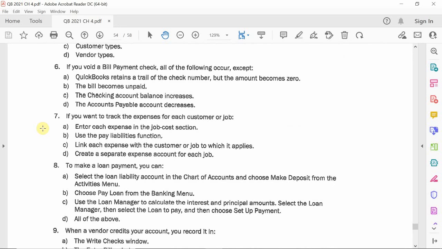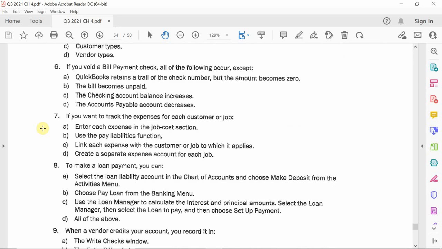So in this case, this one is the customer/job section. If you want to assign an expense to a customer, you would do that by linking the expense to the customer/job, if it applies.